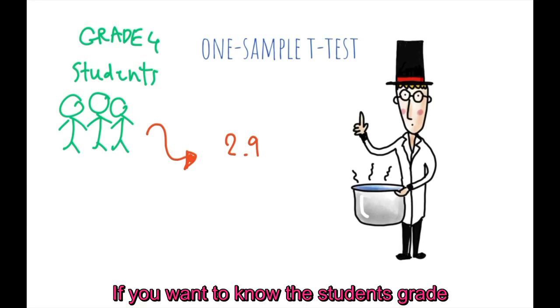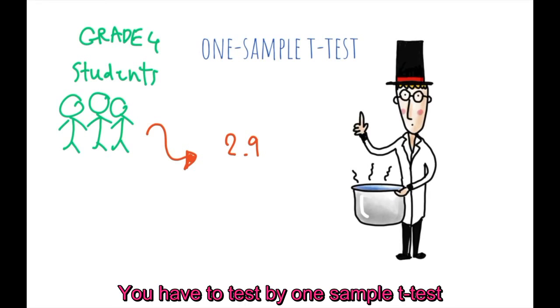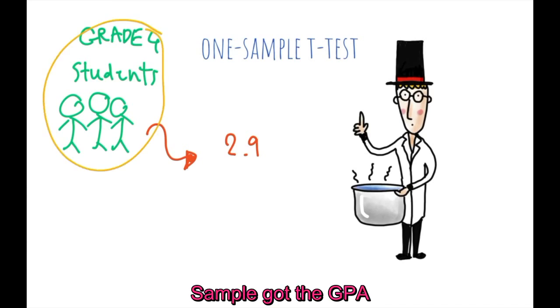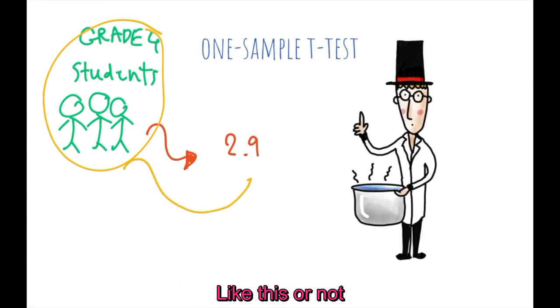If you want to know the student grade, you have to test by one-sample t-test, to test whether your whole sample got the GPA like this or not.